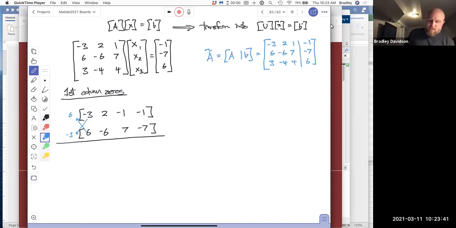In this case, I want to set this up a little bit differently. Instead of multiplying two rows by something, I want to set this up as a 6 divided by -3. We're still getting our coefficient from there, to give us the factor 6 divided by -3 that we're multiplying through.